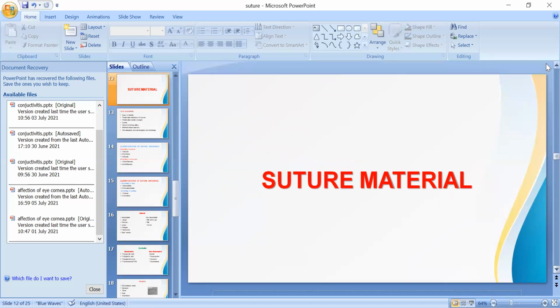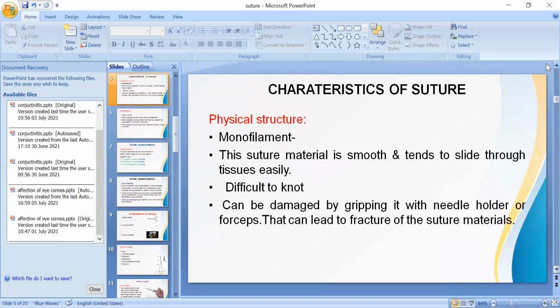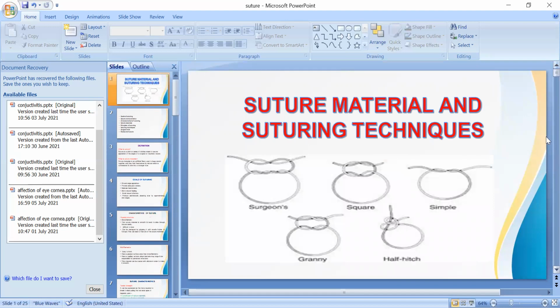Now once you represent that, one thing, there are different types of knots: surgeon's knot, square knot, simple knot, granny knot, and half hitch knot.